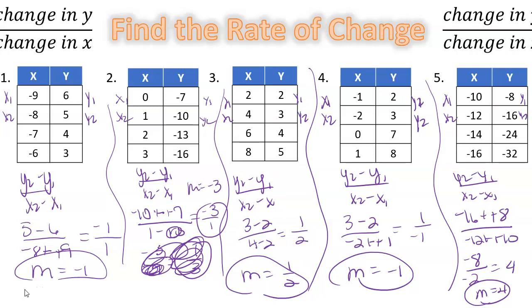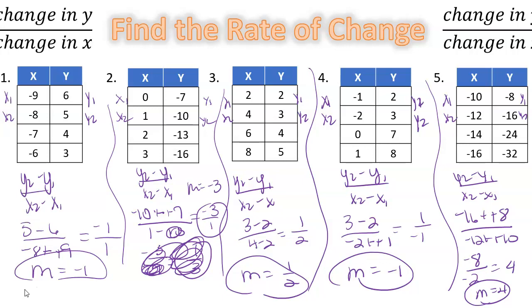So when you are finding rate of change on a table, there's a few things I want you to remember. Rate of change on a table is showing us how our x and y values change in relation to one another. So, for example, in number 3, 1 over 2 tells us that as our y's increase by 1, our x's increase by 2.